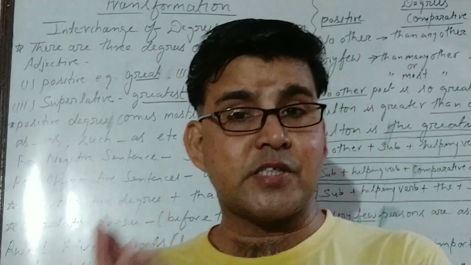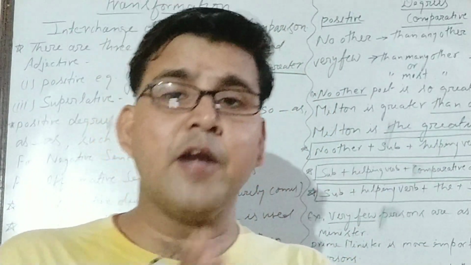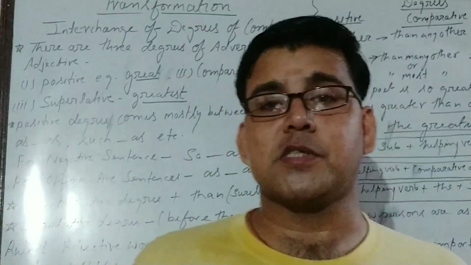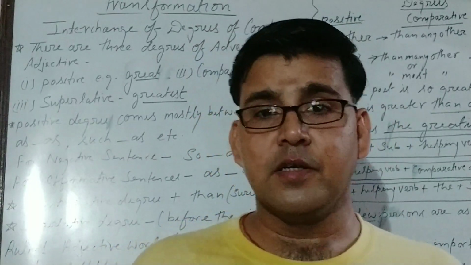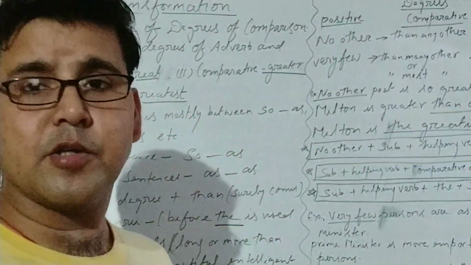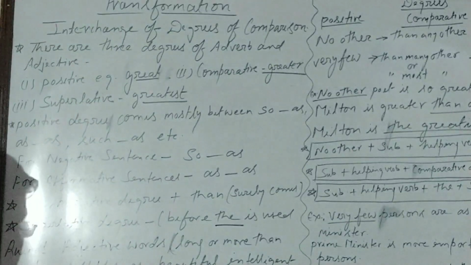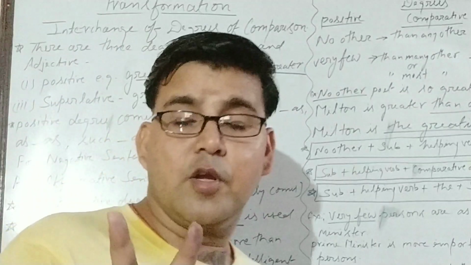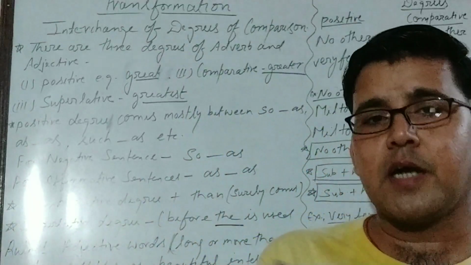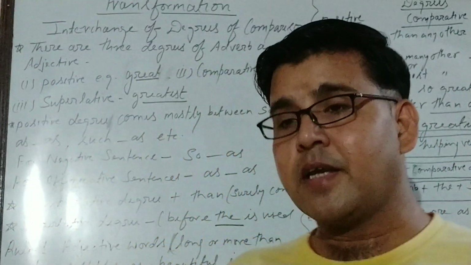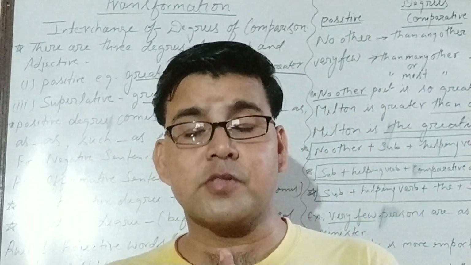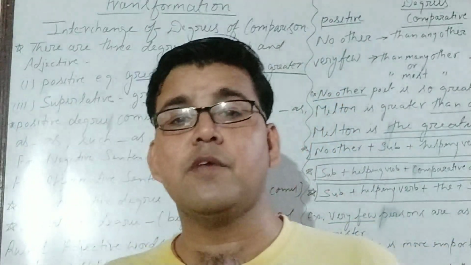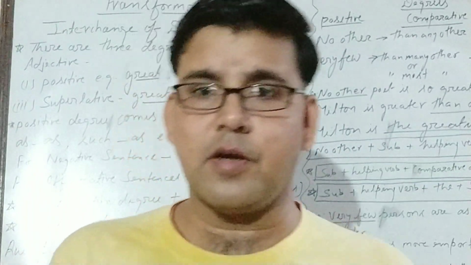Then interchange between positive degree and comparative degree can take place. Superlative is not possible in such cases. Got it? Once again, look at the board. When comparison is between 2 things or 2 persons, then in such cases only positive degree and comparative degree can be made, but superlative form is not possible. Got it? Now next.